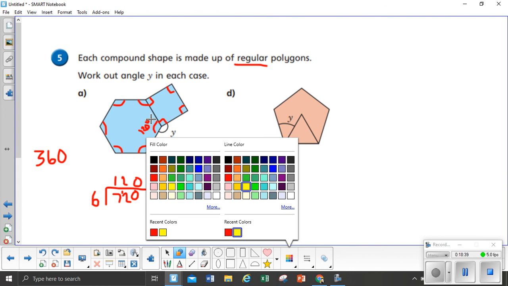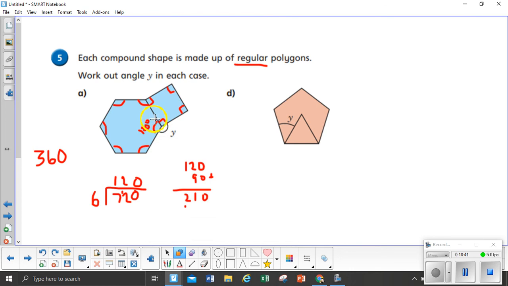It's going all the way around, so that's 360 degrees. So 360 subtract 210. Our 210 came from the 90 degrees here and the 120 degrees here.